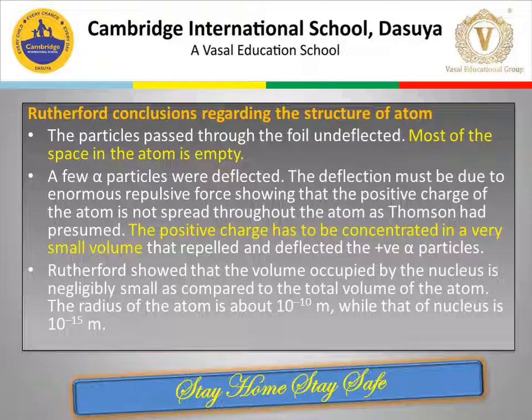If they are deflected, that means the deflection must be due to enormous repulsive forces, showing that the positive charge of the atom is not spread throughout the atom as Thomson had presumed.